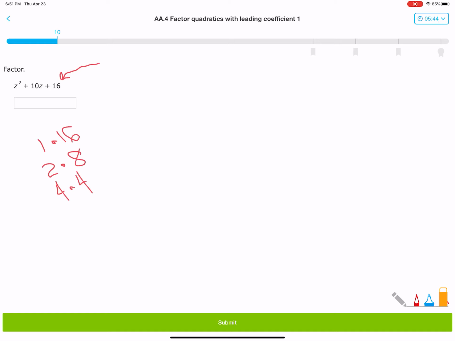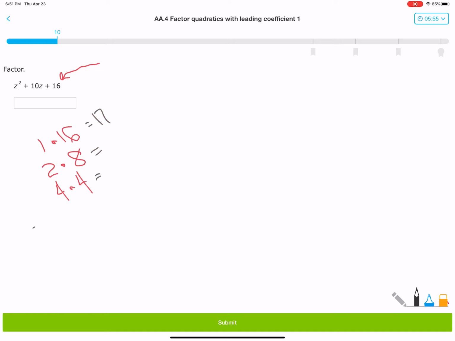Now we look at those and talk about the sum, or combining those numbers. If I'm adding them, 16 and 1 gives me 17. 8 and 2 gives me 10. Ooh, that's what I'm looking for. I know I'm looking for the 10 right here because that is my middle term.